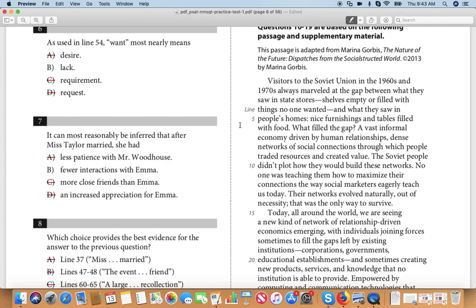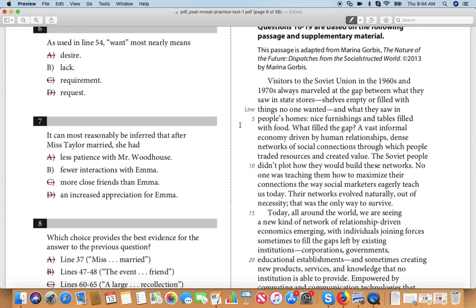Visitors to the Soviet Union in the 1960s and 1970s always marveled at the gap between what they saw in state stores, shelves empty or filled with things no one wanted, and what they saw in people's homes, nice furnishings and tables filled with food.